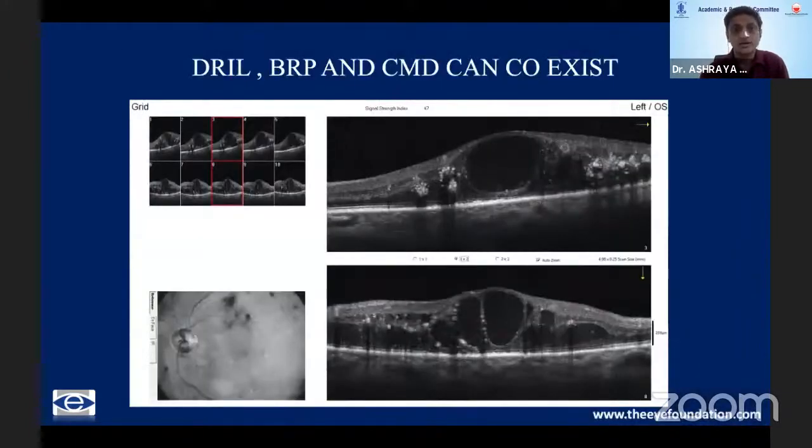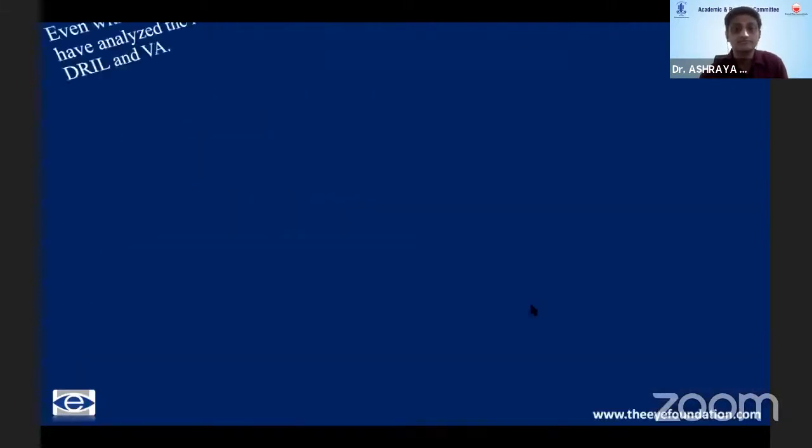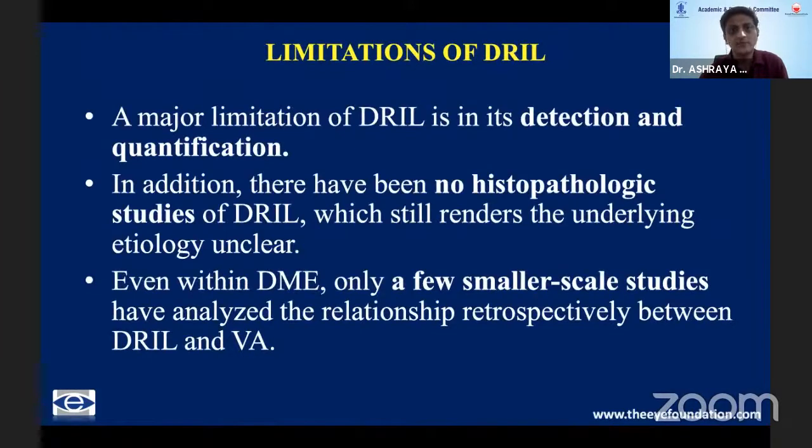So DRIL, bridging retinal processes and cystoid macular degeneration can coexist because they are part of the same pathological process. Depending on which section we take, you can see a cystoid degeneration, bridging retinal process, and also some DRIL here. Quantification has always been a limitation.